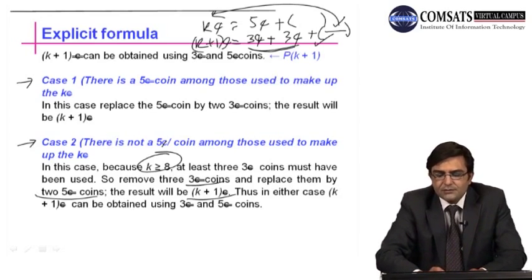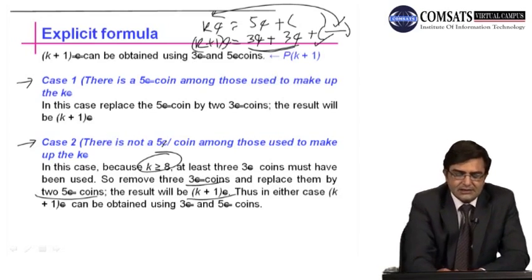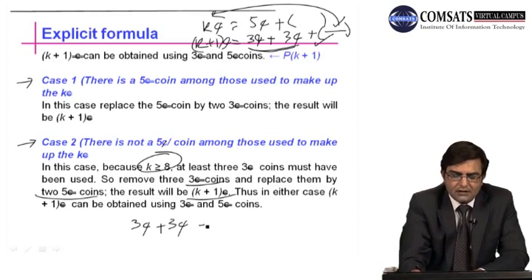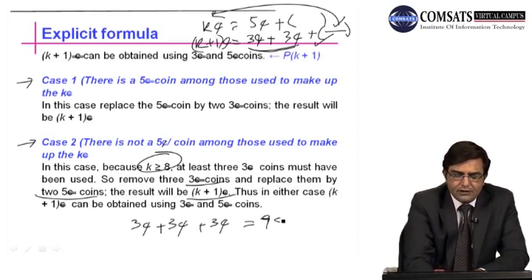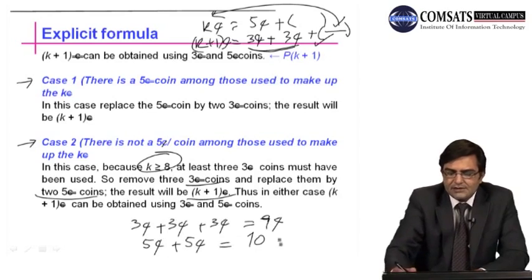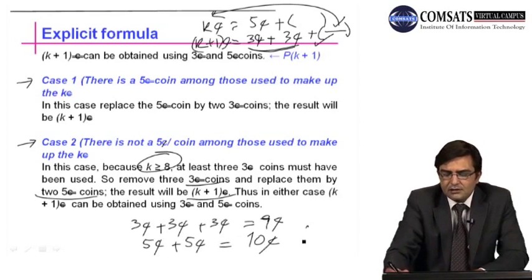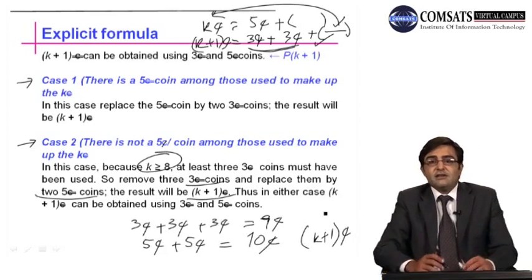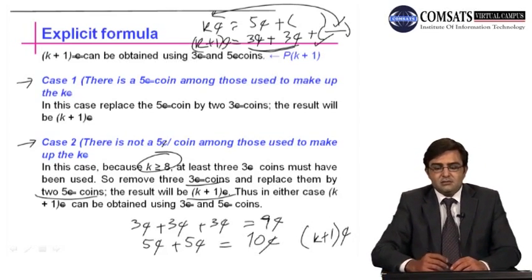How? Because 3 3-cent coins will give us 9 cents. If we replace them by 2 5-cent coins, we'll get 10 cents. And this will give us k plus 1 cents, as you can think intuitively.